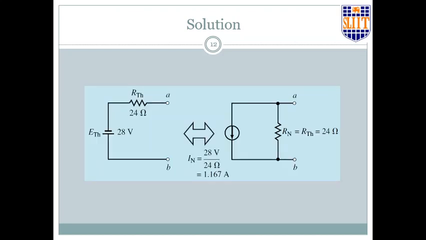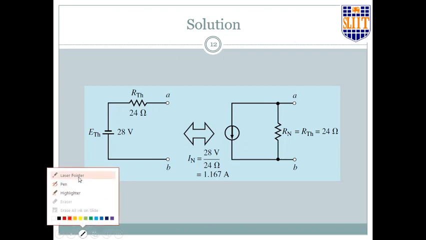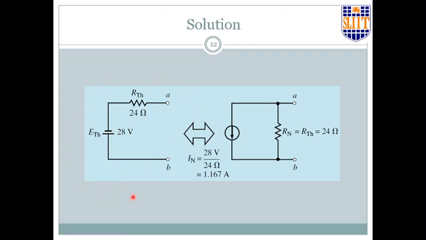Now previously we calculated the Thévenin's equivalent for the same circuit using source conversion techniques. We can calculate the Norton's equivalent from the Thévenin's, or if you calculated the Norton's equivalent first, you can calculate the Thévenin's equivalent using the source conversions.